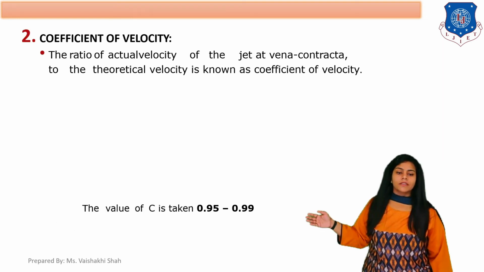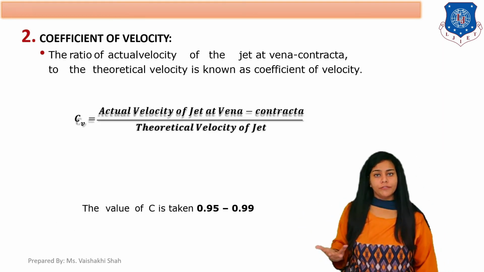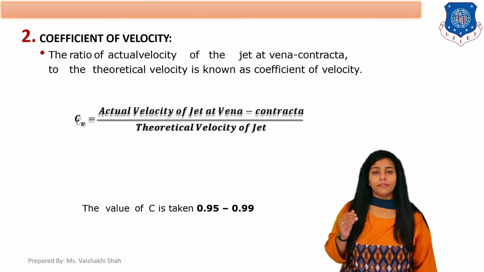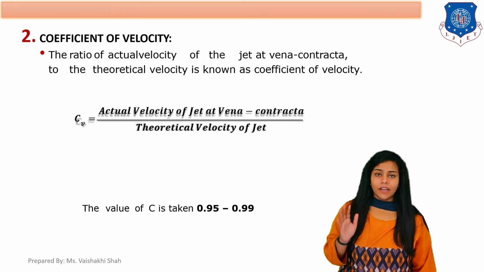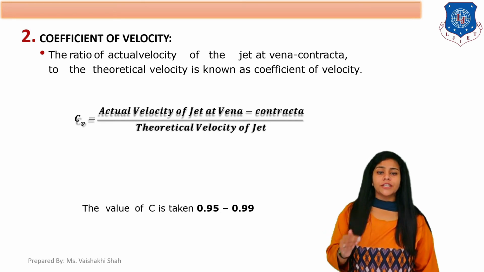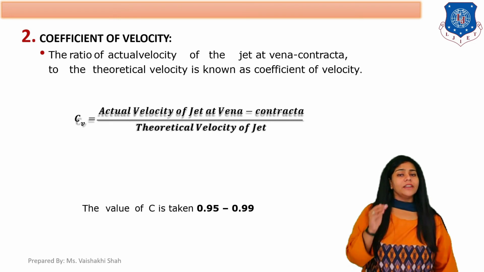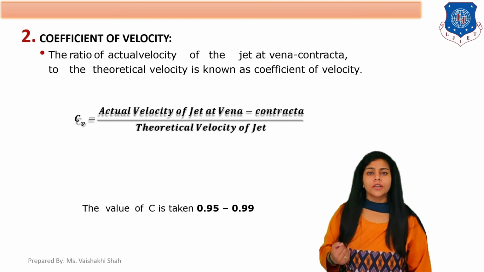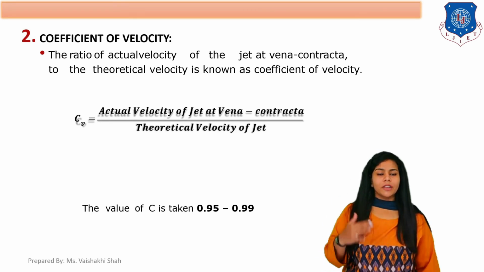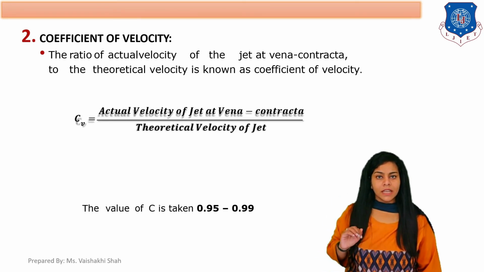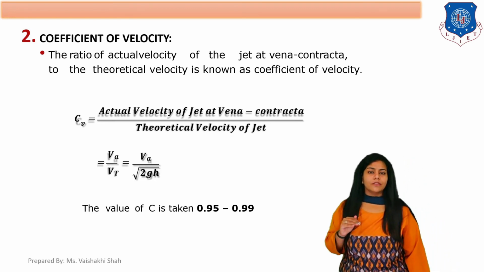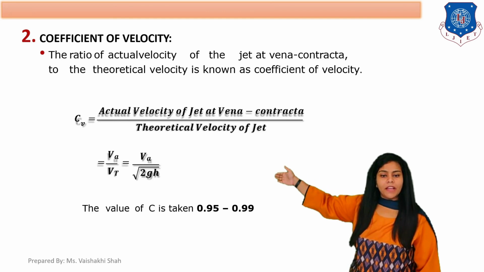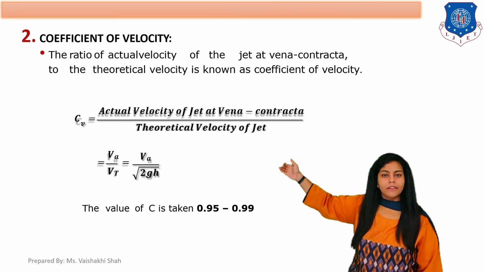Okay. So our second coefficient is the coefficient of velocity. It is the ratio of actual velocity to theoretical velocity. The actual velocity is the velocity at vena contracta and the theoretical velocity is the velocity at the orifice, so Cv equals Va by Vt.